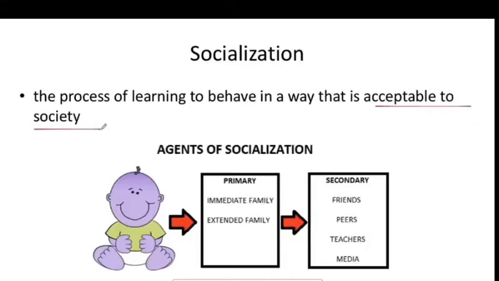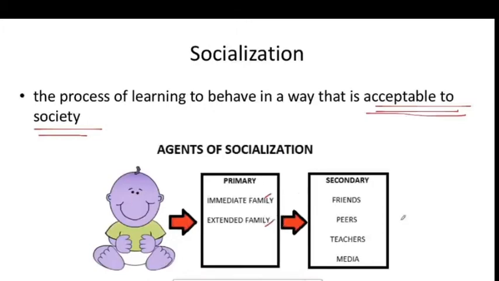Ito yung dinidikta ng ating society, no? So, it is acceptable, for example, for a woman to act ladylike. Diba? Yung sinasabi natin, pag babae ka, dapat ladylike ka, dapat prim and proper ka, dapat hindi ka galaw-gaw pag gumalaw. Okay? So, now we have several agents of socialization. You can have the immediate family.